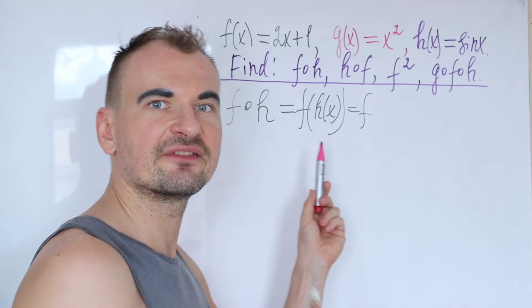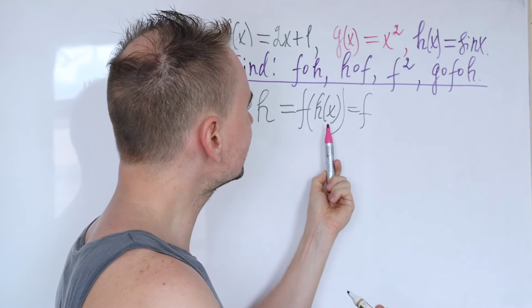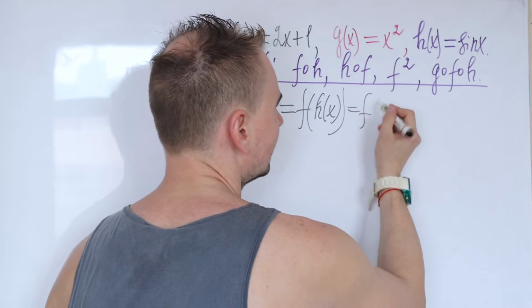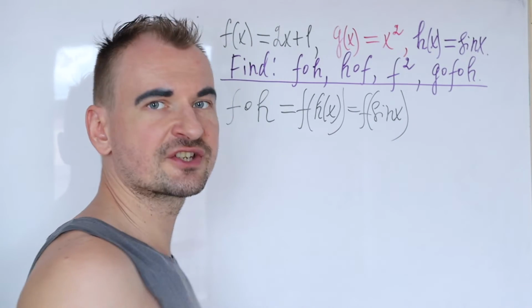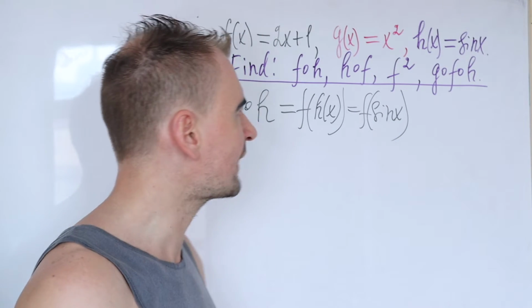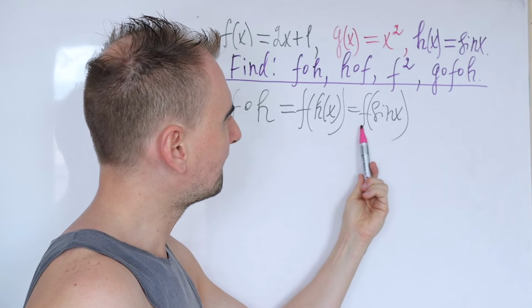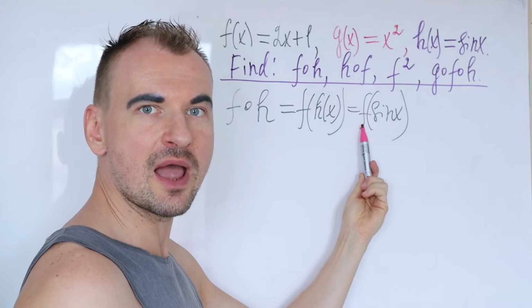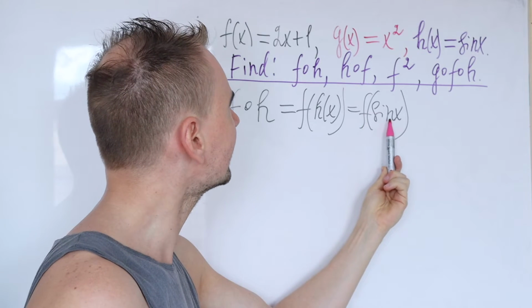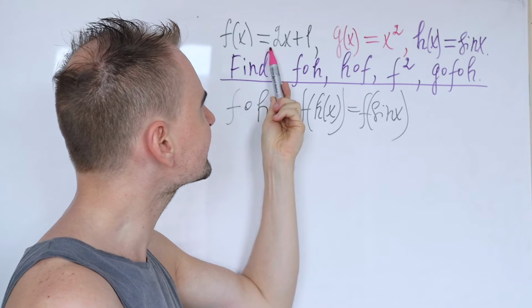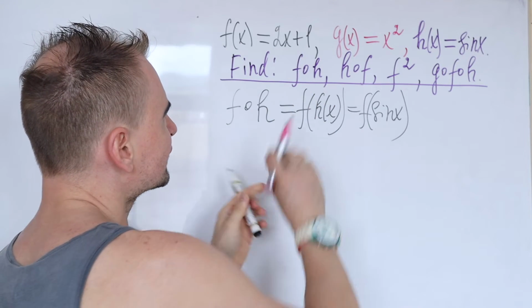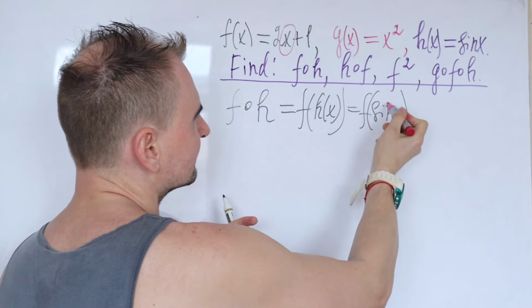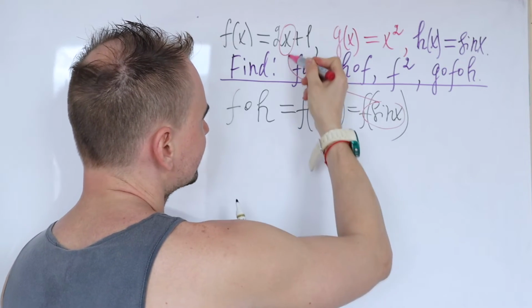You keep this f outside, and instead of h of x, I'm going to write sine x, since h of x is defined as sine of x. Now let's do f to sine x. So your f is 2x plus 1. That means instead of x, I'm going to plug in this sine x.